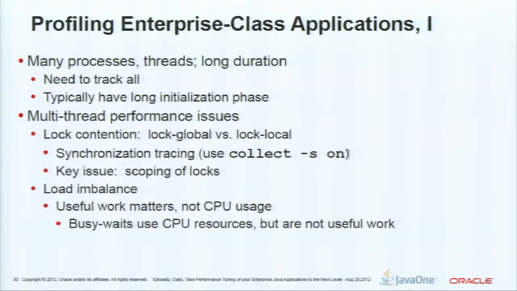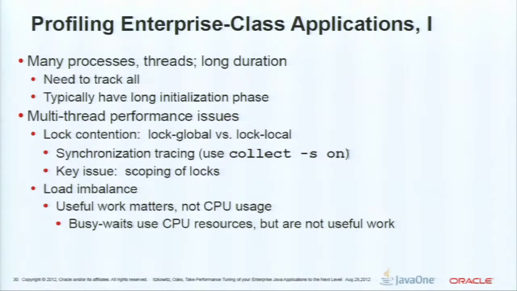In fact, the whole trick in any lock programming is to get the scope right. If you get it too big, you may be blocking things that don't need to be blocked. If you get it too fine, you may be spending an awful lot of time acquiring and releasing a lock that is virtually never contended for. So choosing the scope of a lock is a very important performance issue.